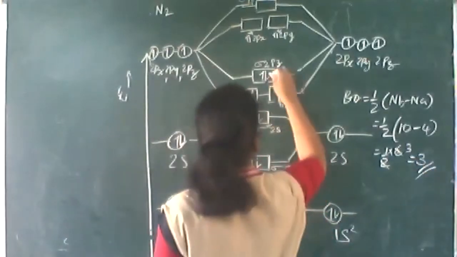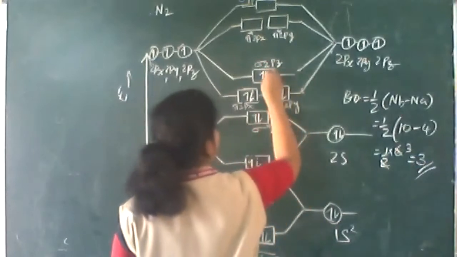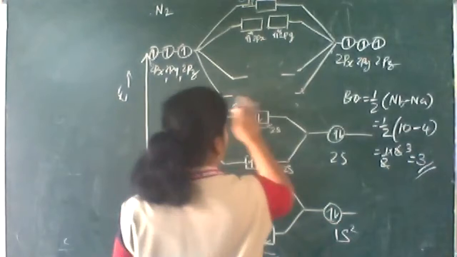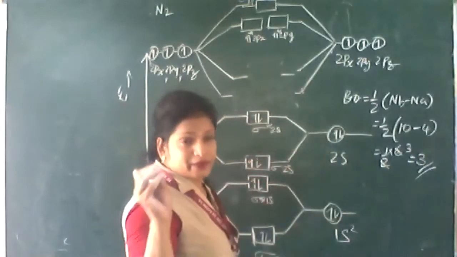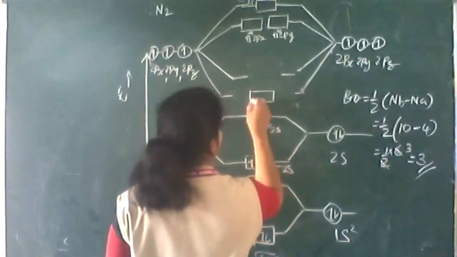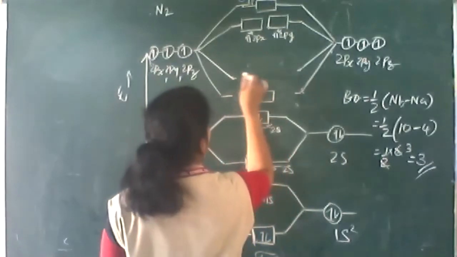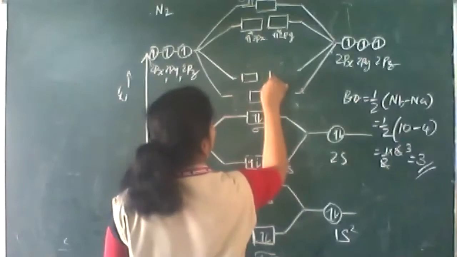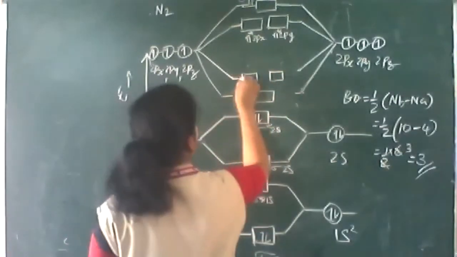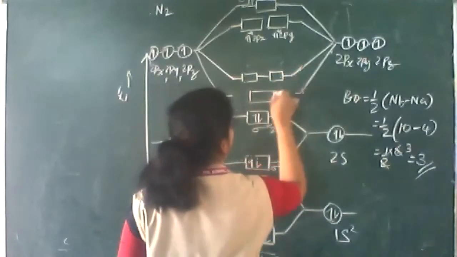So I am keeping these two far apart, meaning this will be coming down. So in the case of oxygen and fluorine, that is very small atoms, this 2pz will be coming down, and the 2px and 2py you have to draw differently here in the case of oxygen and fluorine.